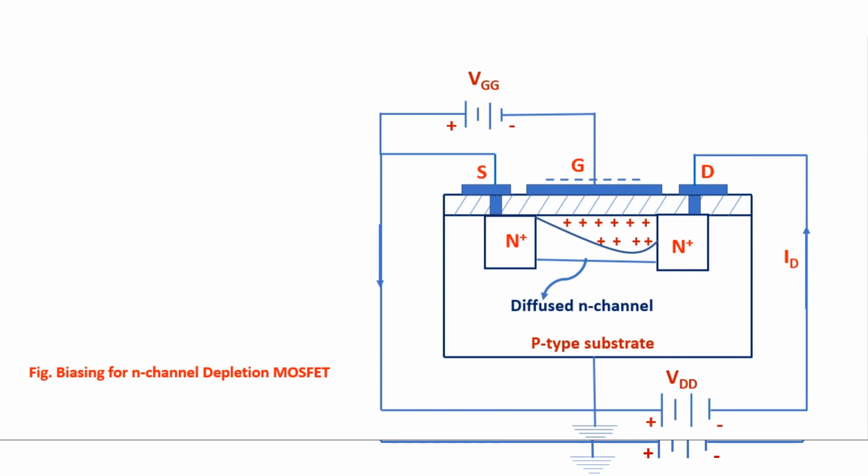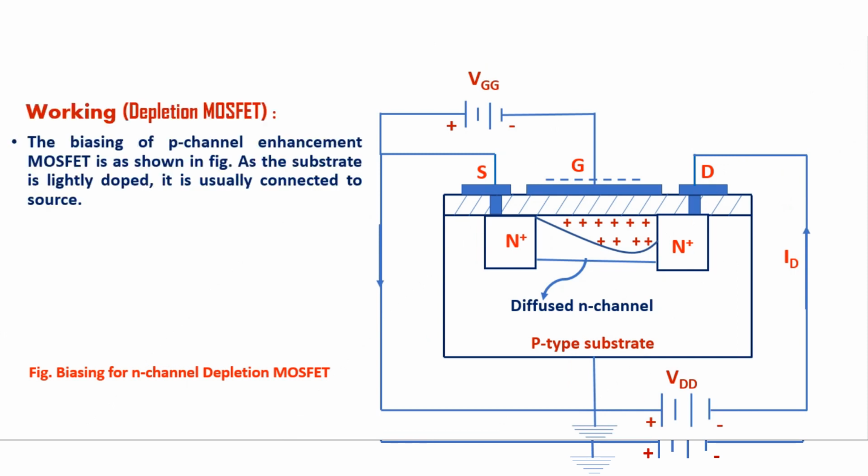Now, working of depletion MOSFET. In order to study the working of depletion MOSFET, here is this particular figure. Here is the circuit diagram, and these are the connections which are made for the working of this depletion MOSFET.